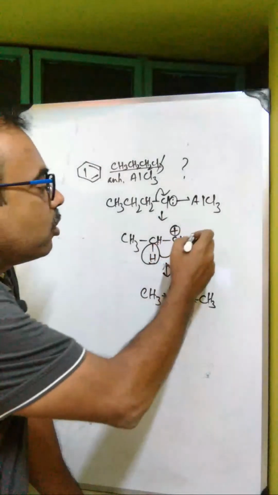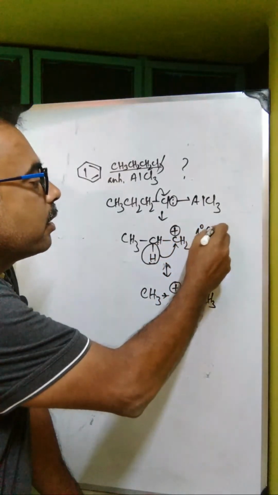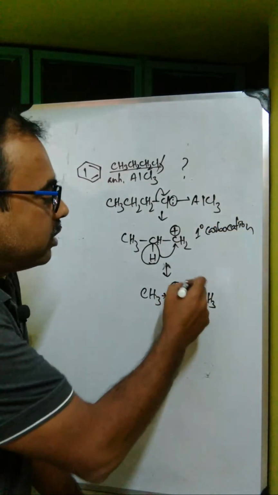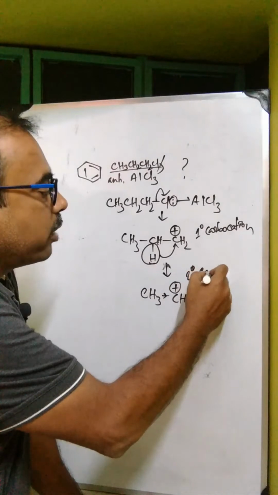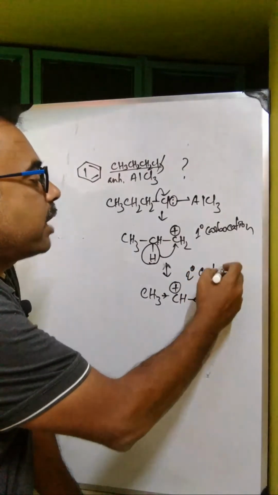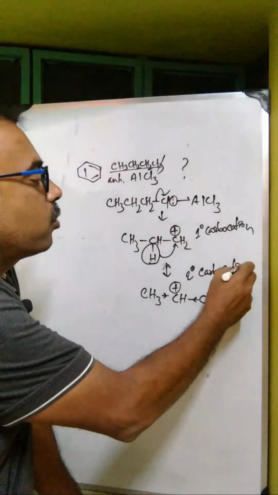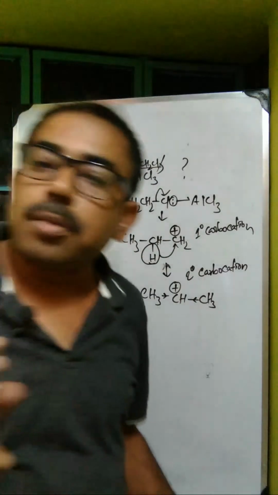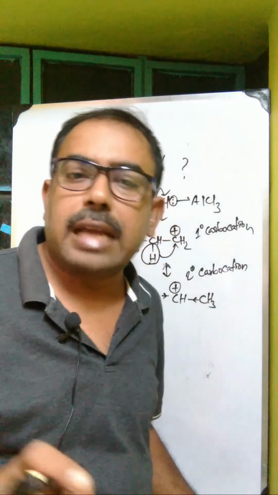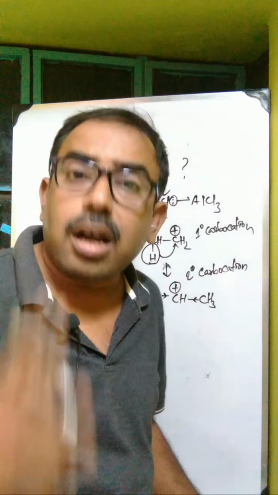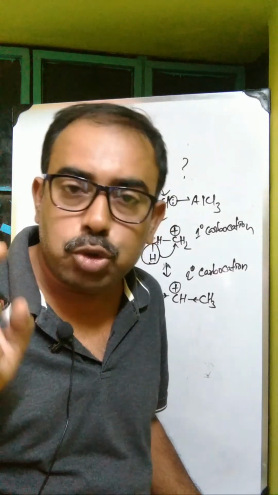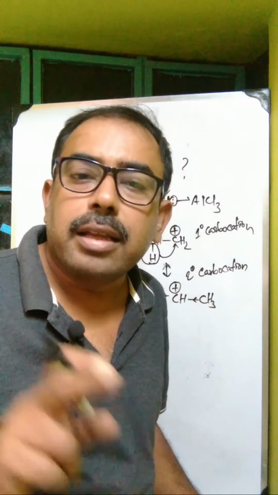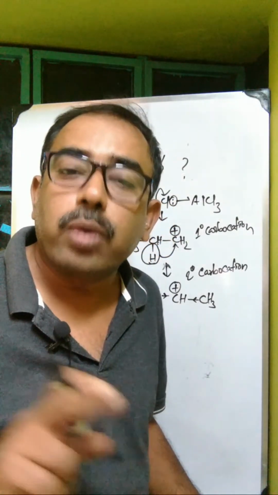So this one is called a 1 degree carbocation, this one is also a 1 degree carbocation, and this one is a 2 degree carbocation. Now how can you understand which one is 1 degree, 2 degree or 3 degree? If the carbon which is carrying the positive charge is directly bonded to only one carbon atom, then that carbocation is called a 1 degree carbocation.